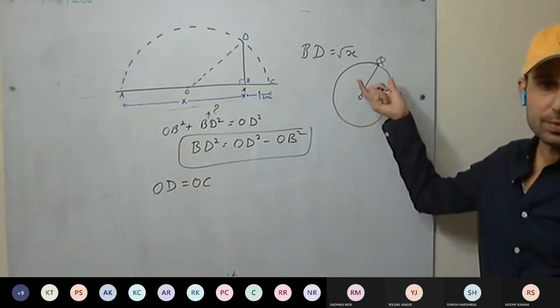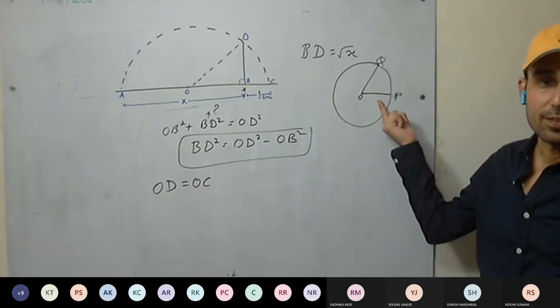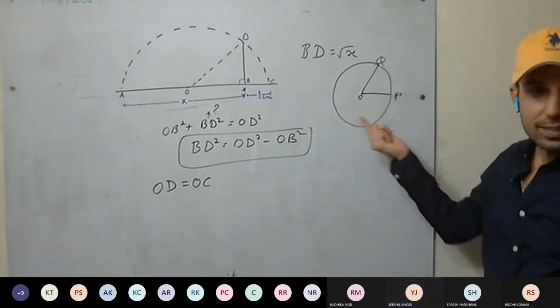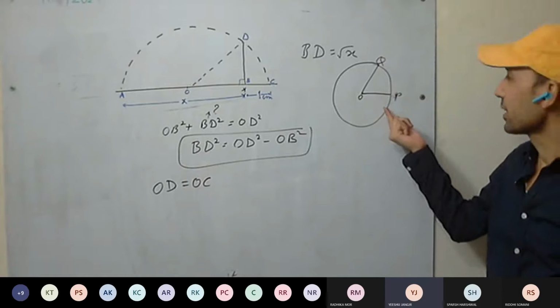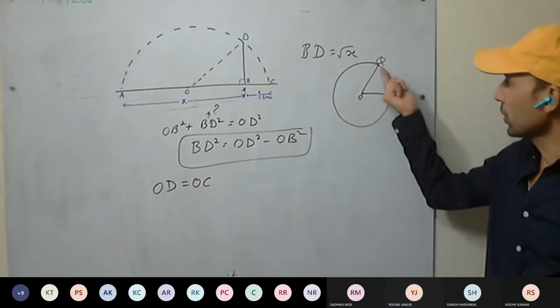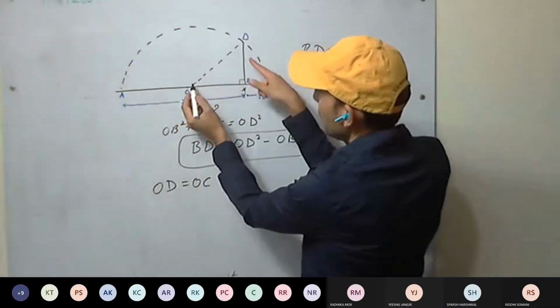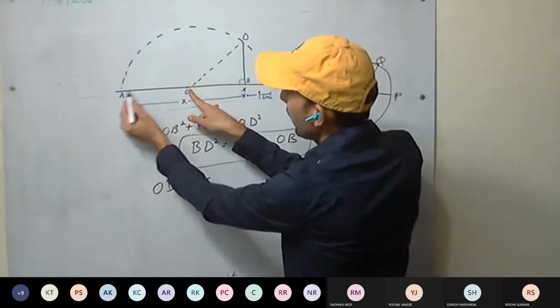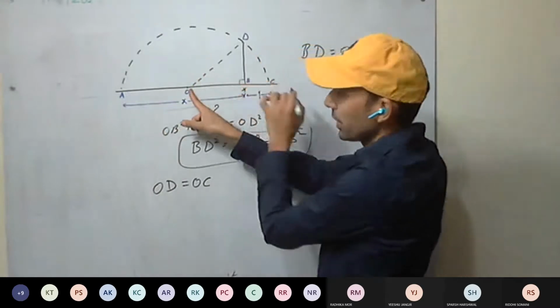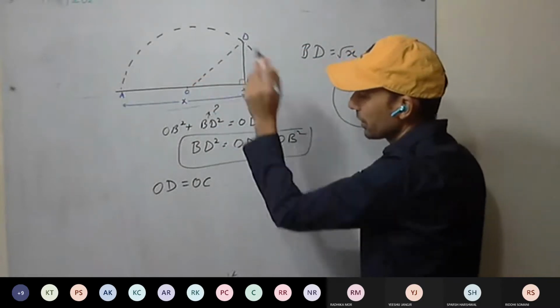Because they are radius of the circle. Here as well you can see this is a semicircle. So OA equal to OD equal to OC. They all are same because they are radius of the circle or semicircle.